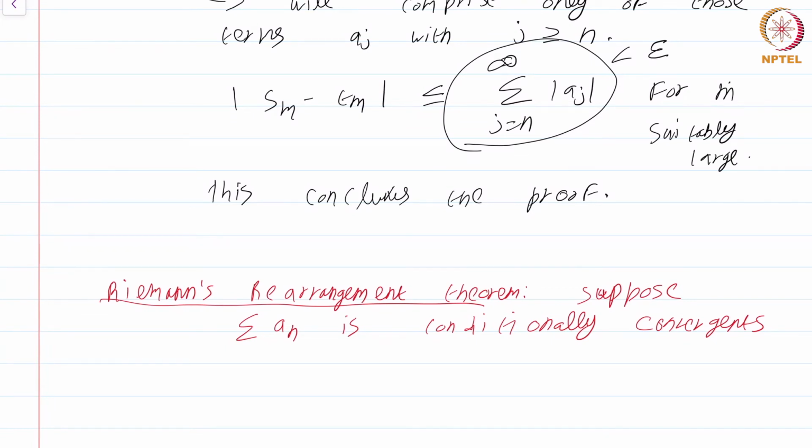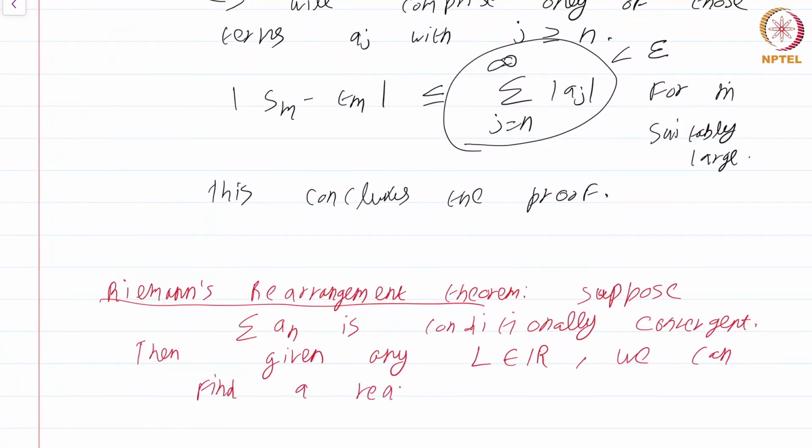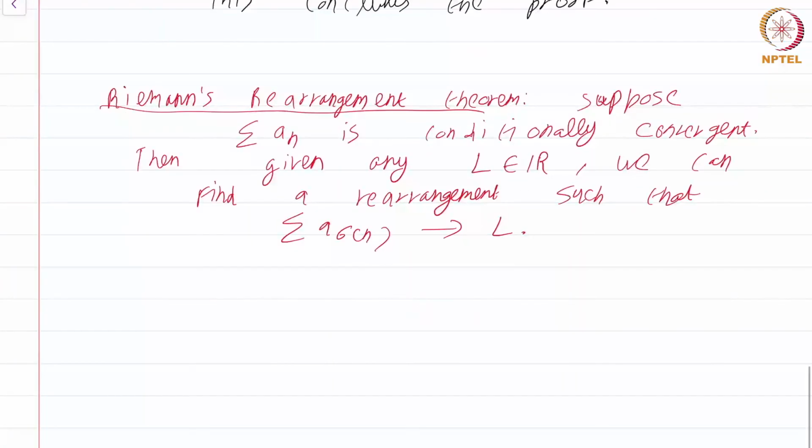Conditionally convergent. Then given any L in R, we can find a rearrangement sigma such that summation a sigma n converges to L. How's that?